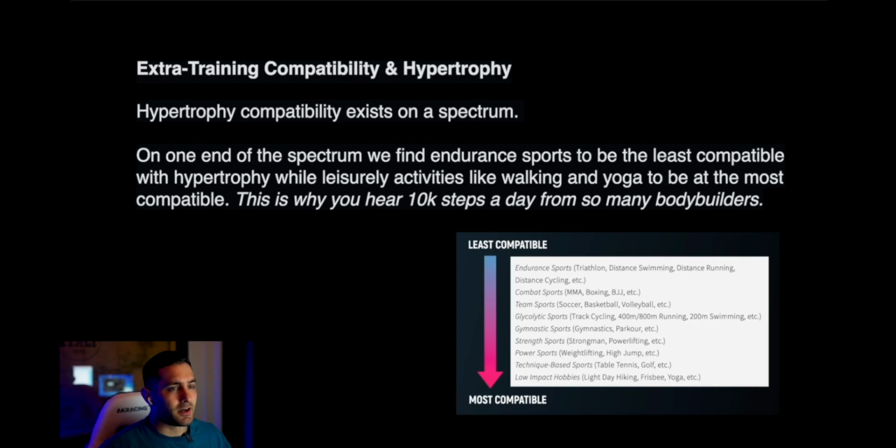But the idea of the person who said, if you do these high endurance sports, like triathlon, distance swimming, distance running, distance cycling, these kinds of activities are actually going to make muscle growth a lot harder, because you're basically competing for recovery resources.